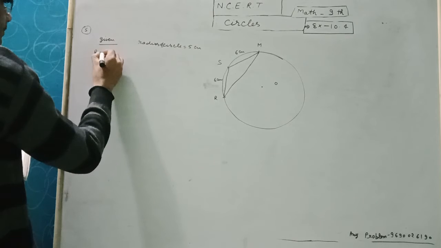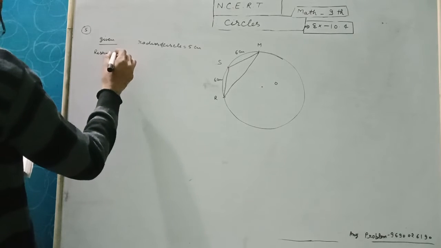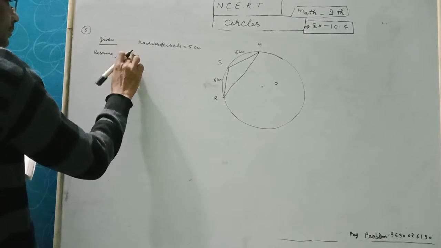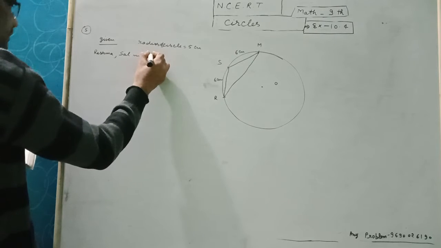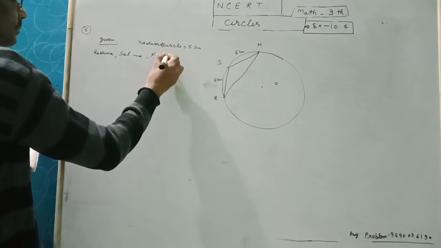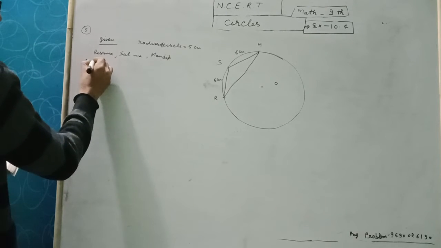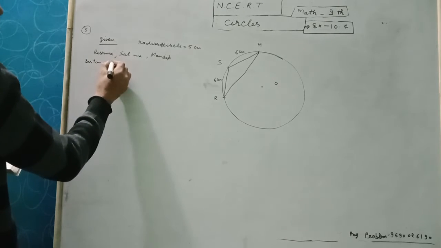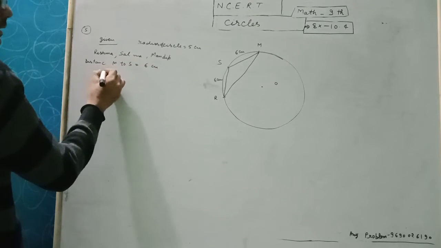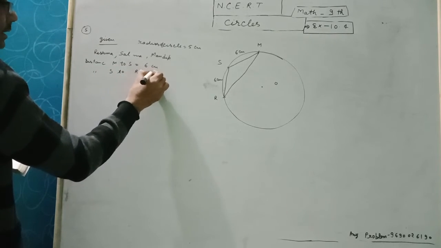Resma, Salma and Mandeep. The distance Mandeep to Salma is equal to 6 and the distance Salma to Resma is equal to 6 cm.